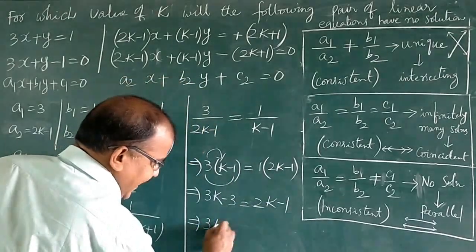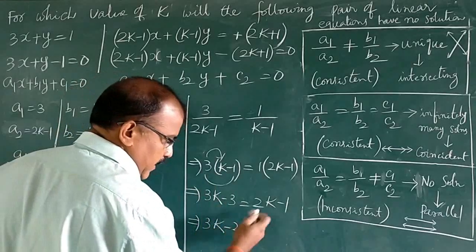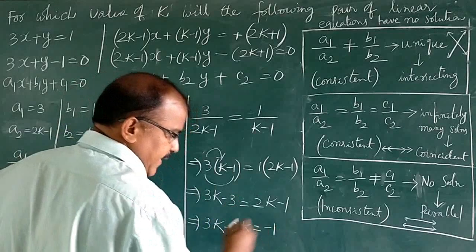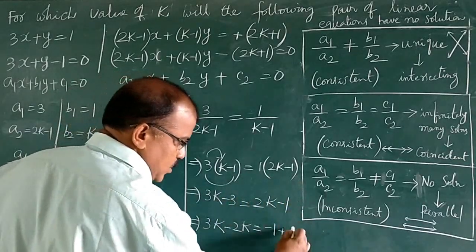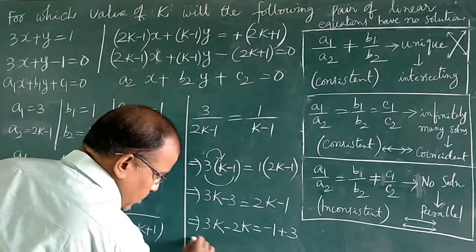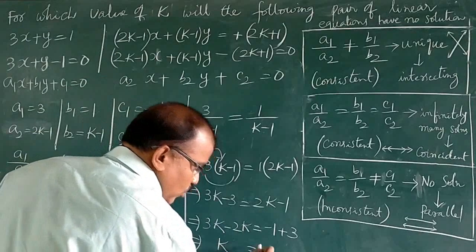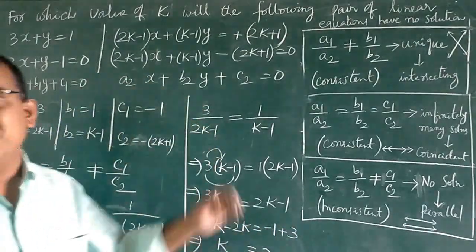So 3k, and the 2k will be transposed from RHS to LHS as minus 2k. The minus 3 will be transposed from LHS to RHS as plus 3. So 3k - 2k = k = -1 + 3 = 2. I got the answer: k is equal to 2.